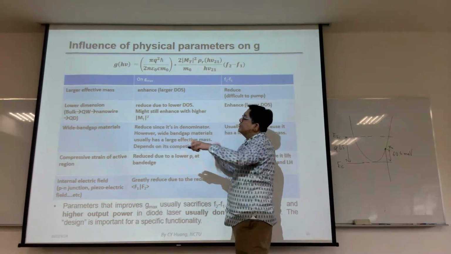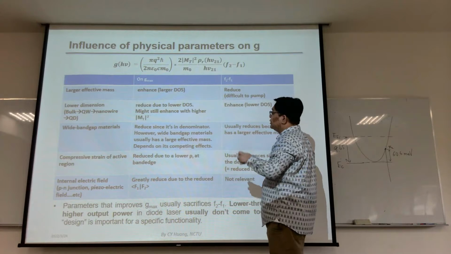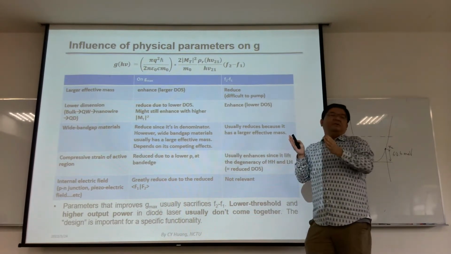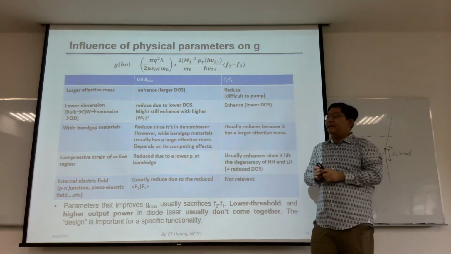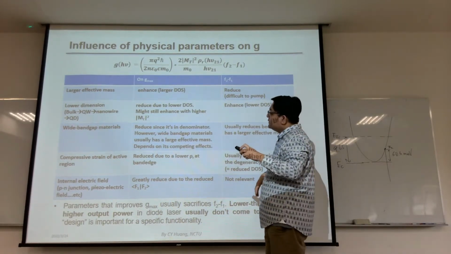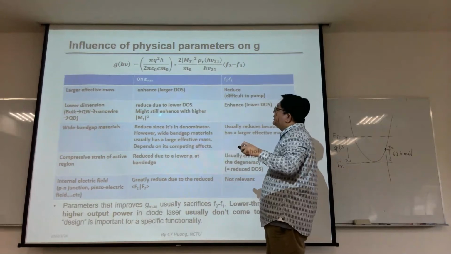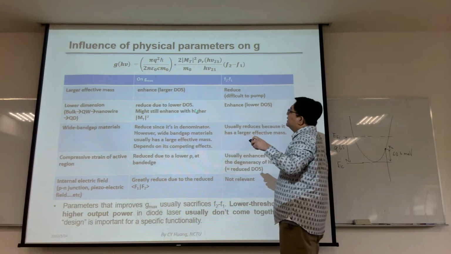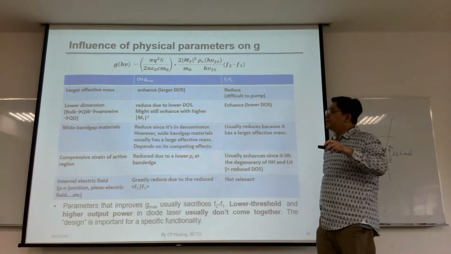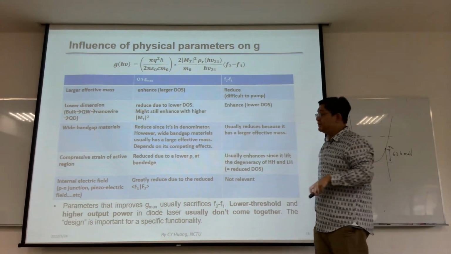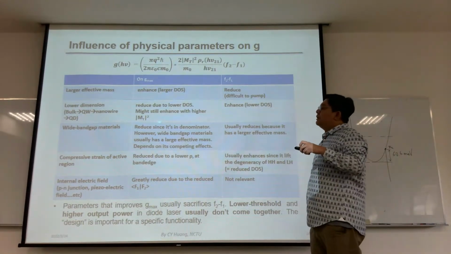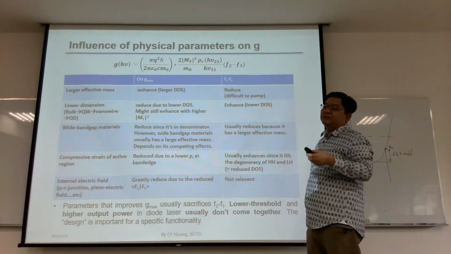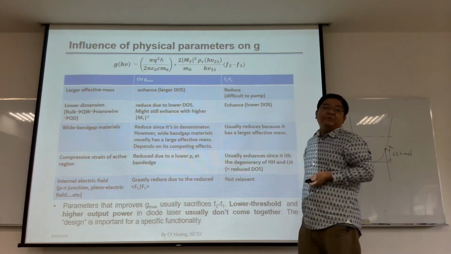Second, what might we do with the material dimension? For example, it's bulk, quantum well, nanowire, or quantum dot. For the Gmax, it generally reduces because of the lower DOS. Since it reduces its dimension, it's reducing its density of states. But we already observed that it might still enhance because you are changing the transition matrix element.